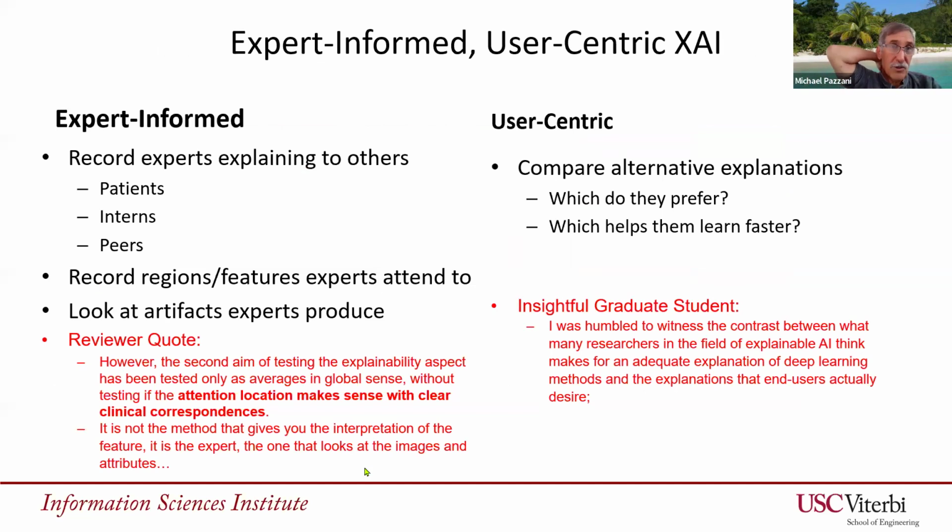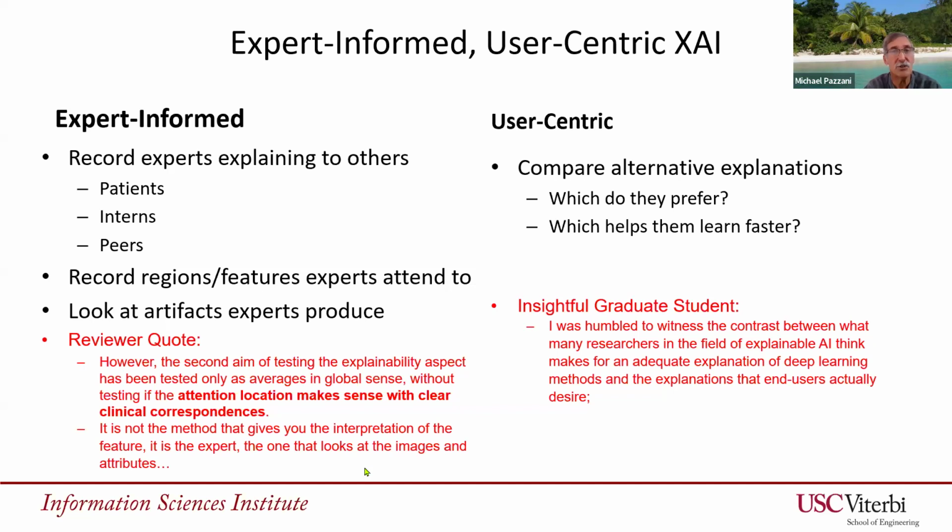So what I've been trying to do is what I'm calling expert-informed explanations and also user-centric explanations. So what do I mean by expert-informed? Well, we study experts. We record them explaining to others, explaining to patients or interns or their peers in grand rounds. Or we actually have done work on eye tracking to look at what features they attend to. Or we look at the artifacts they produce.